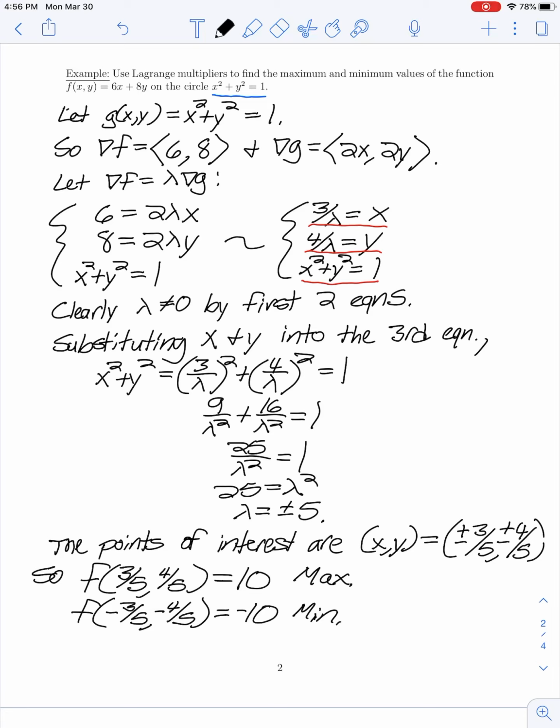So these would be the maximum and minimum values for the function f if we're only considering points which lie on that unit circle. So here we get our largest and smallest values along with the points on the circle where those largest and smallest values occur.